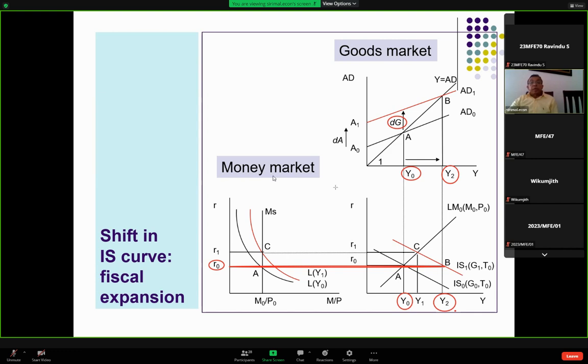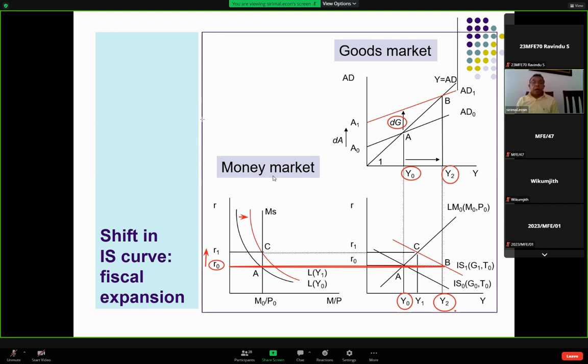But we have seen that as a result of the same policy of fiscal expansion, the interest rate goes up. Why does it go up? Because of this. Money demand goes up, because the increase in output level or income level is an independent variable which determines money demand in the economy.